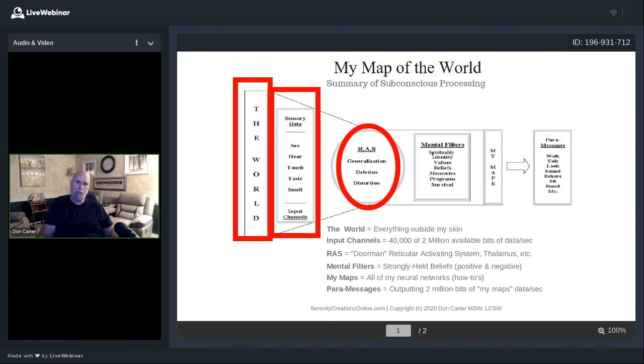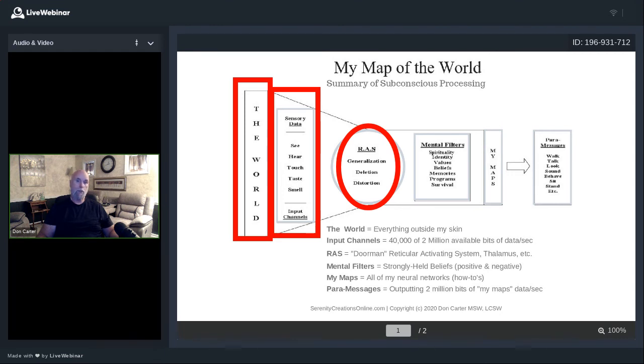But the reticular activating system and the thalamus have a majority of the say-so on how much data comes into my brain for processing. So what's coming at me at any given moment is about 2 million bits of hear, see, feel, sensory data. It's trying to bombard me and bust in through that doorway and get into my subconscious for processing. But my brain cannot possibly process 2 million bits of data per second.